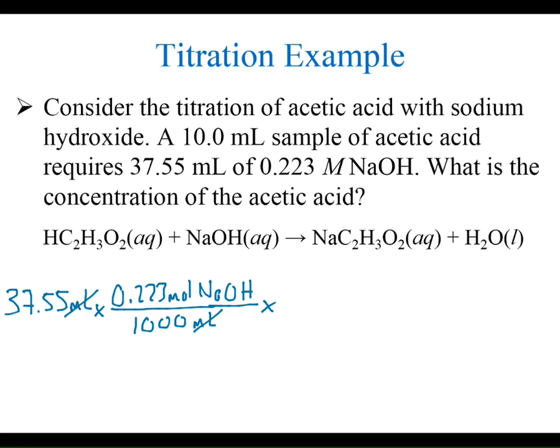So, for every 1 mole of NaOH, I neutralize 1 mole of acetic acid, right? It's a 1-to-1 ratio. So, again, mole to mole ratio, just like we've done before 100 times.